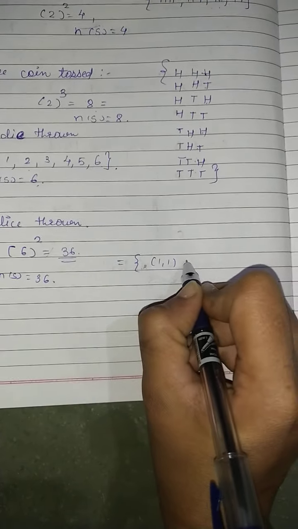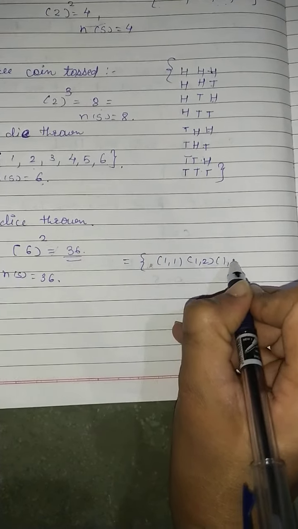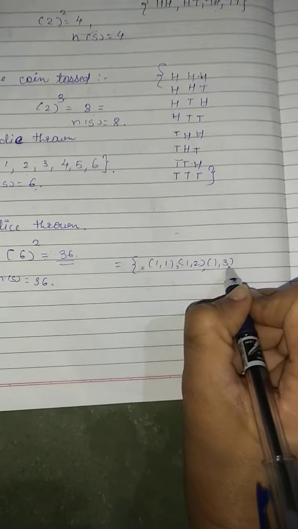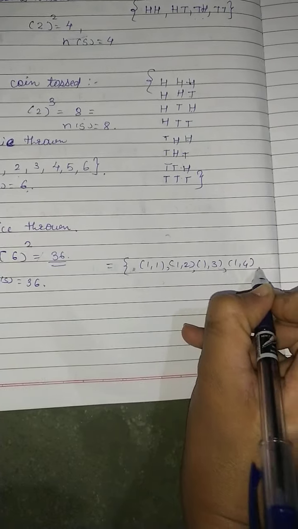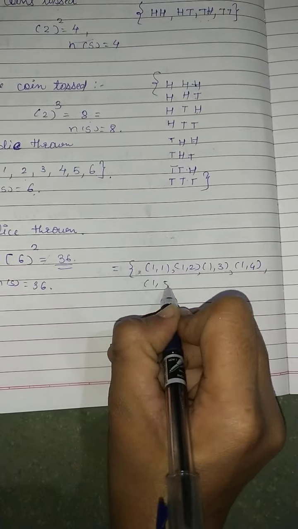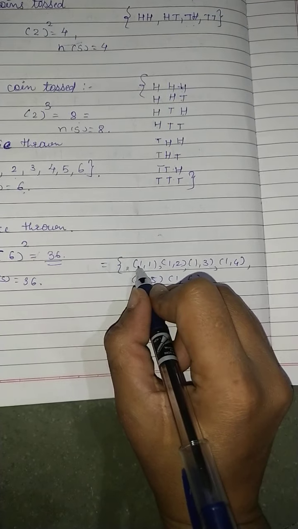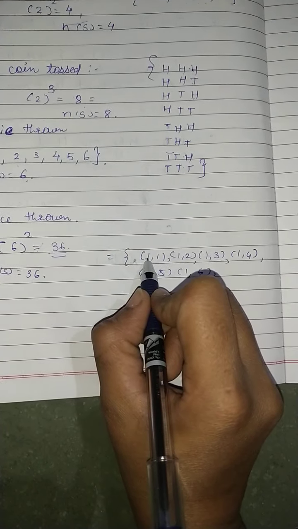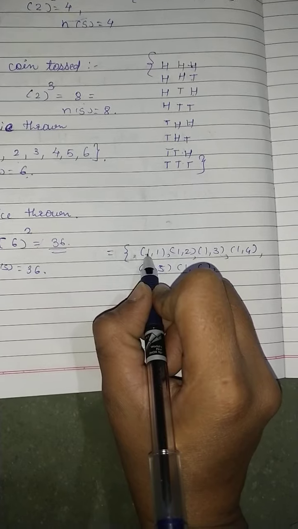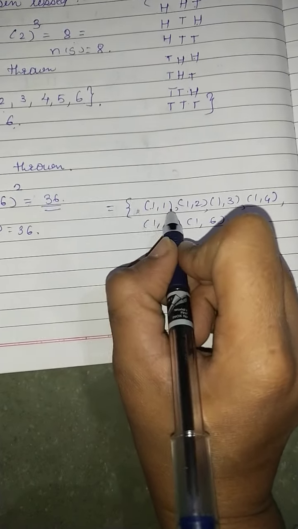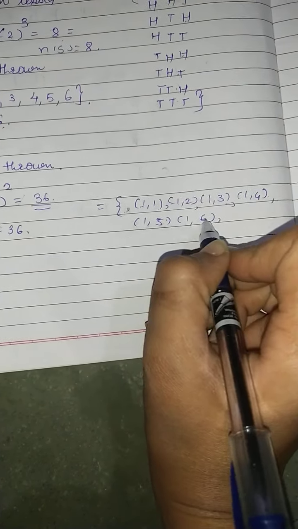Now it's very easy to write down the sample space. See, 1 1, 1 2, 1 3, 1 4, 1 5, 1 6. Okay. Now with 1 on the first die, on the second die 1 2 3 4 5 6 will come.